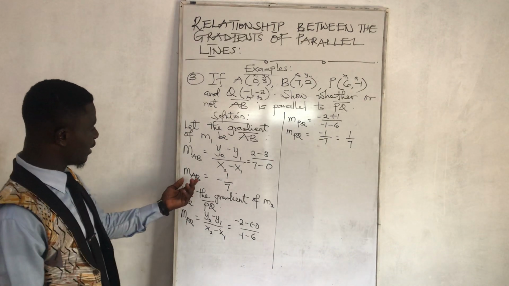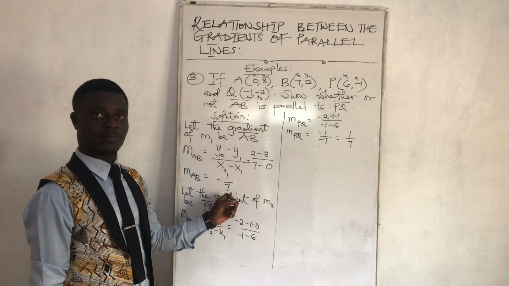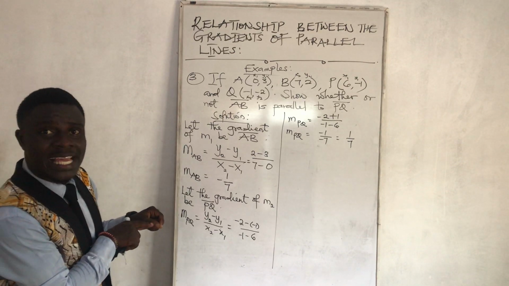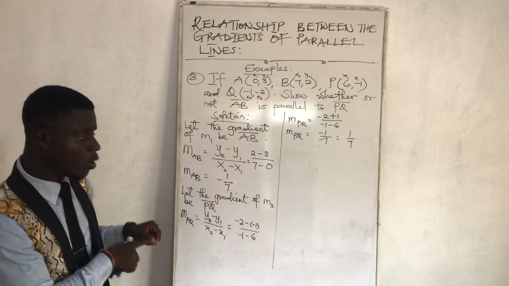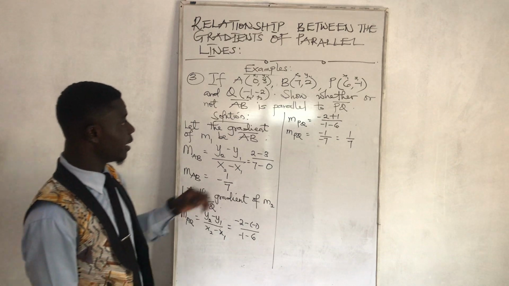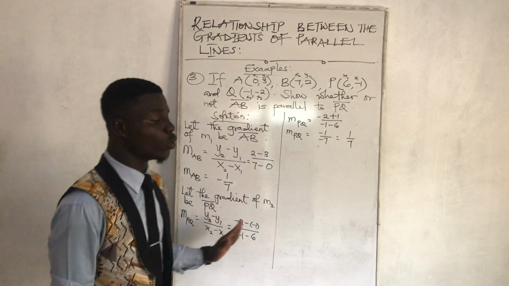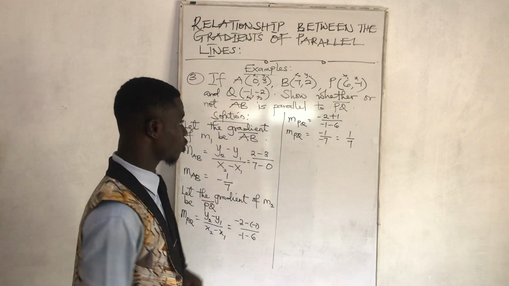Now here, since the gradient of AB is -1 over 7, the line will be a decreasing function, a downward slope. Since the gradient of PQ is positive, the line will be an increasing function.